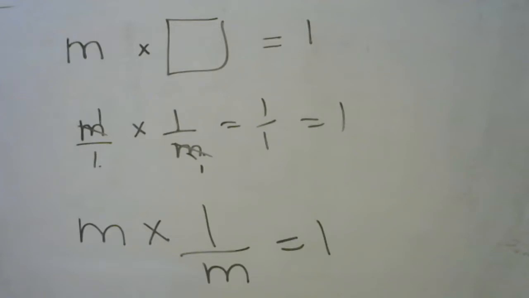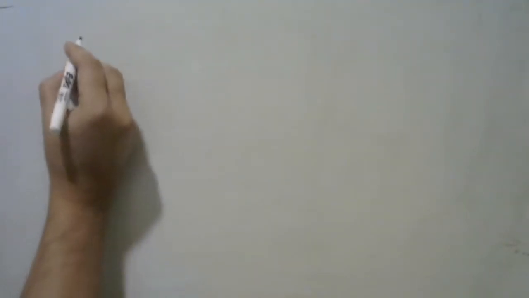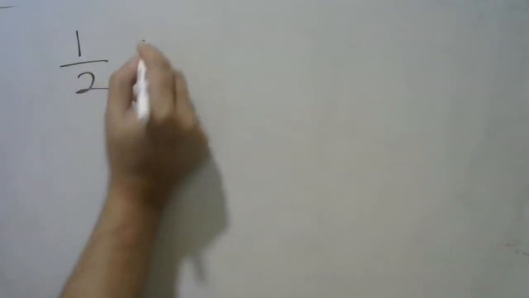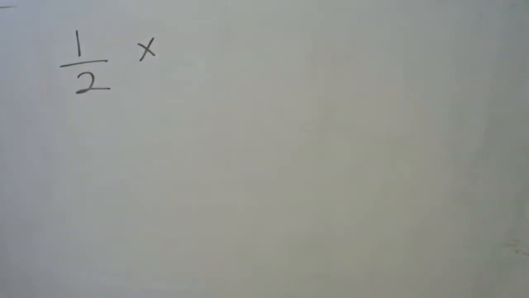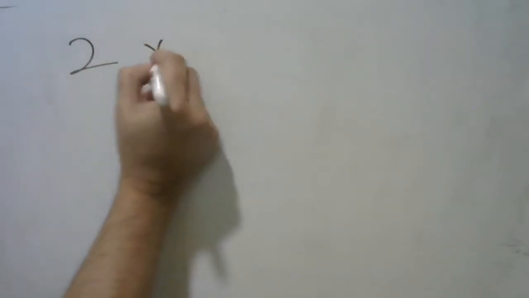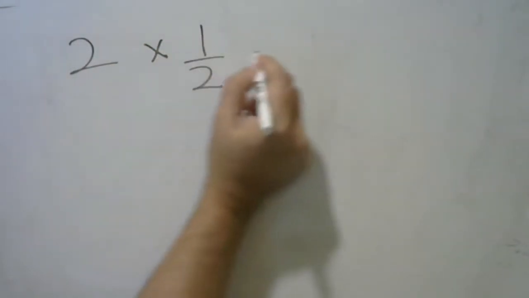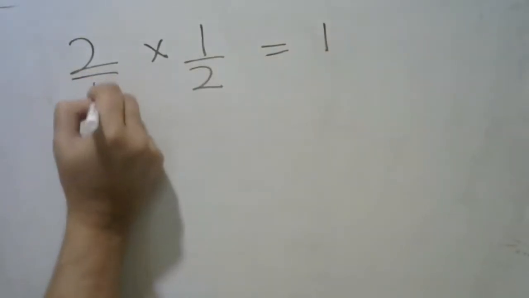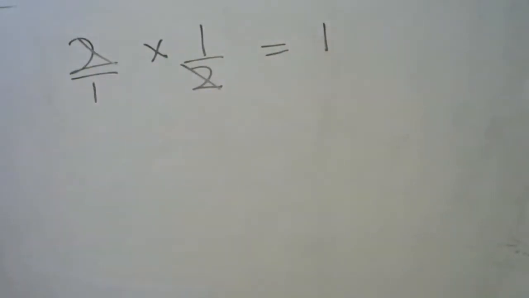Is that clear? Now m can be anything, right? So let's try some examples. Let's say m is equal to 2. 2 multiplied by 1 upon 2 is equal to 1 because this is going to cancel.